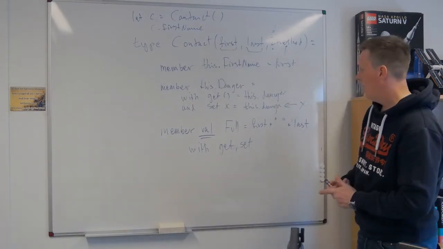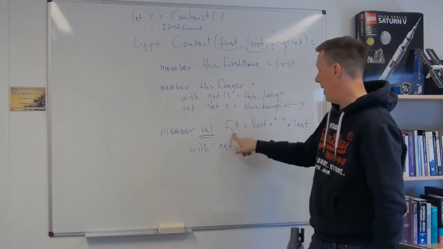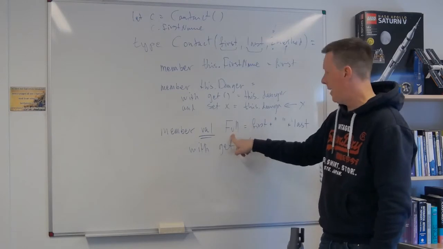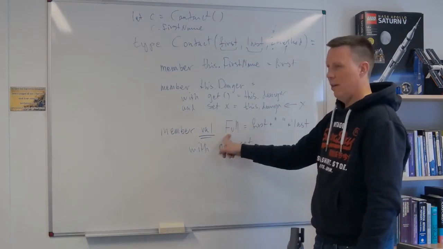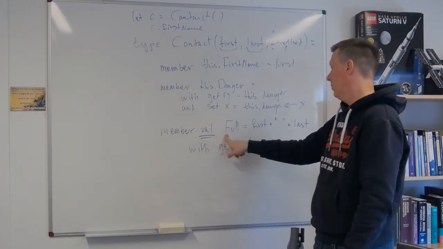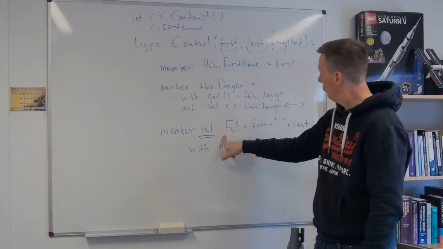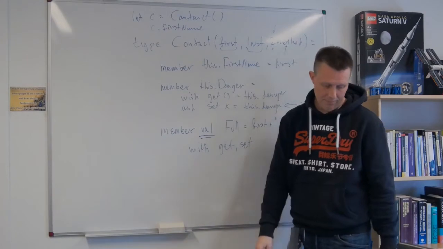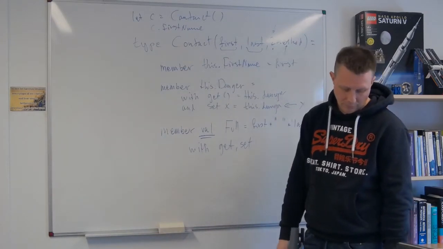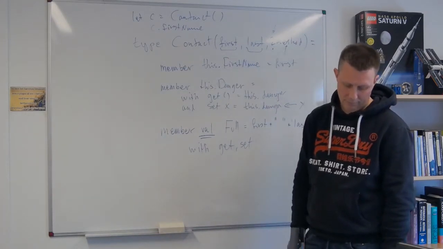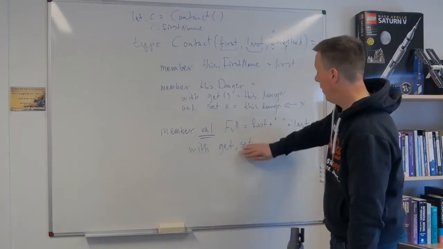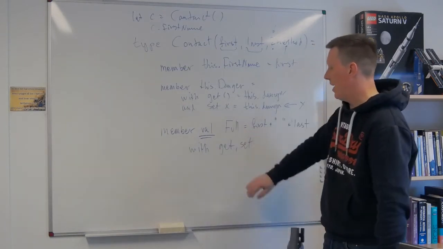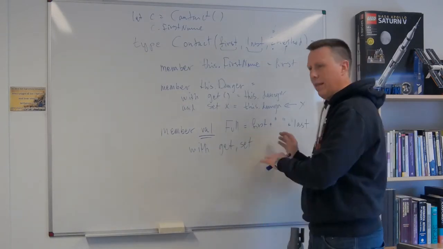Now what this will do is create a string backing store mutable variable for this full, which will be called full, and it will actually create the getter and setter methods for it automatically. And of course, if you just want a setter or a getter, you just say with get or set.